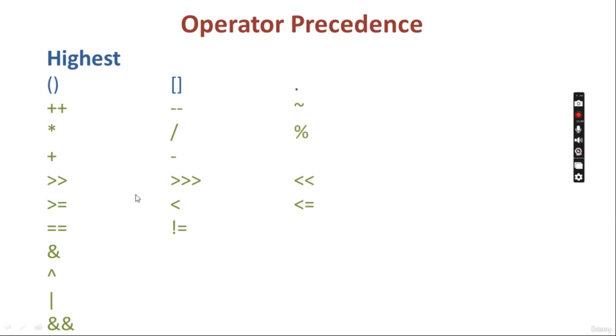And this is the operator precedence in Java. The highest precedence is given to opening and closing parentheses, opening and closing square brackets, and dot signs. Then increment, decrement, and reverse operation.